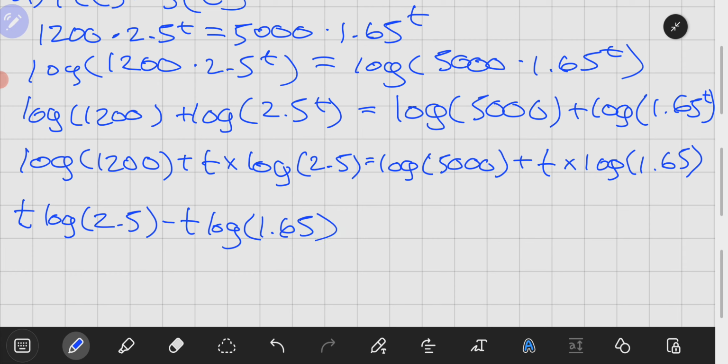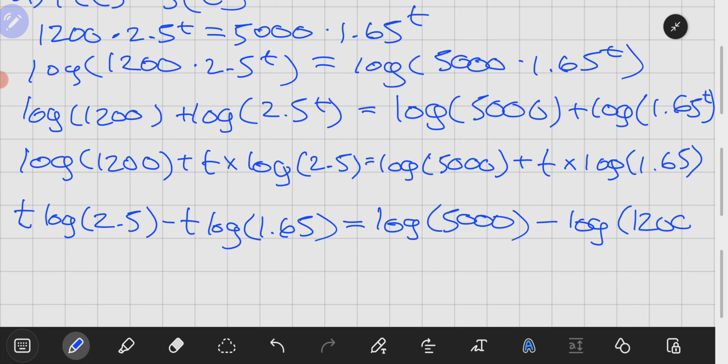So we're collecting like terms so that we also get log of 5000 minus log of 1200.